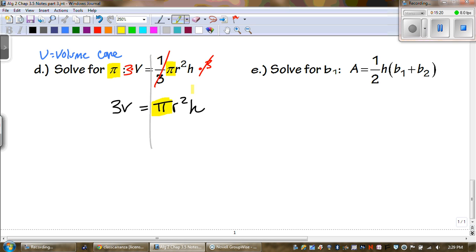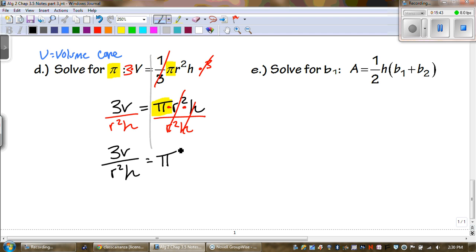There's your pi. We still need to get rid of the r squared and the h. That's all multiplication, and to get rid of multiplication, we use division. So when you're done, you get 3V over r squared h equals pi.